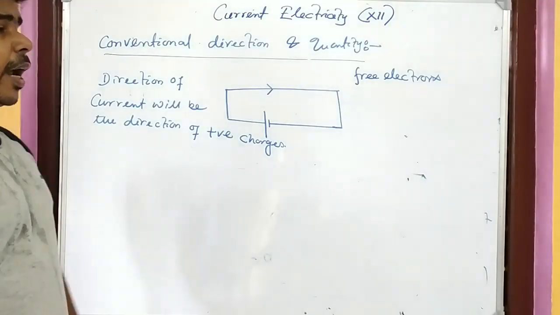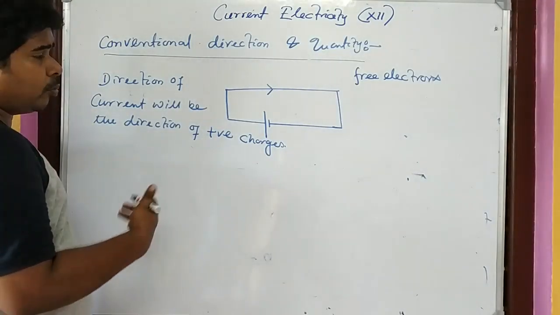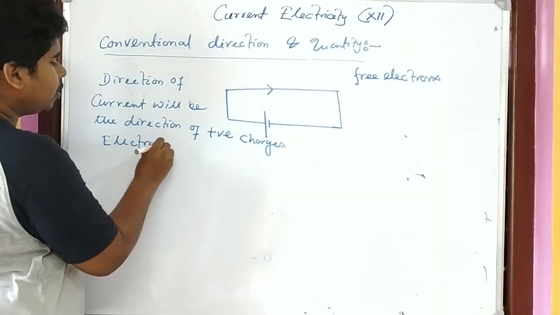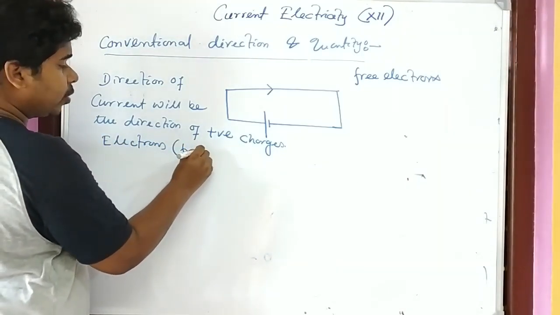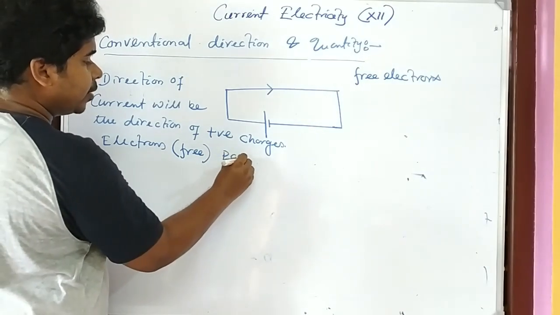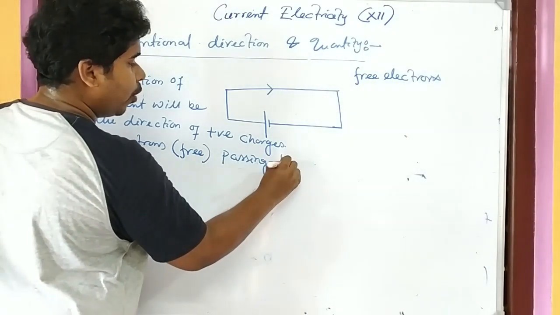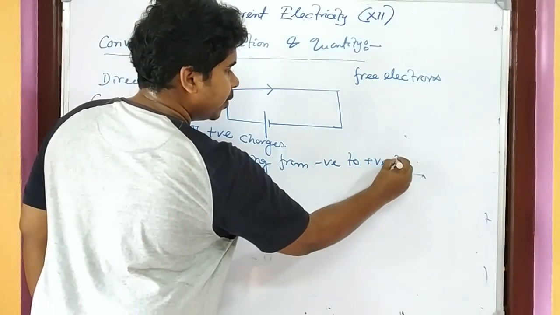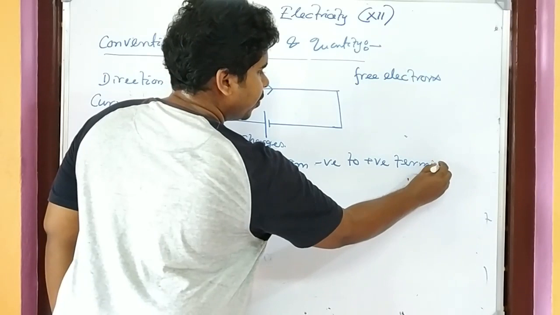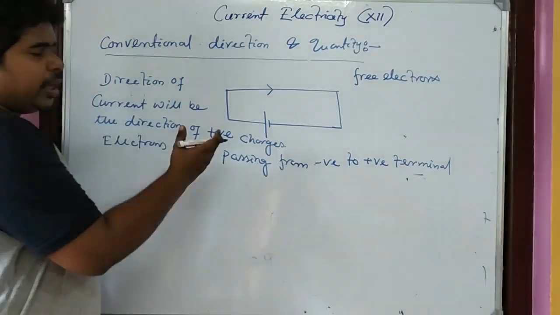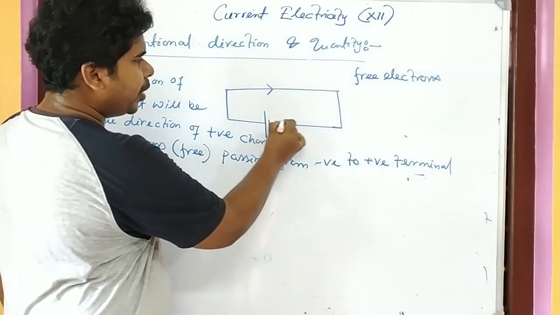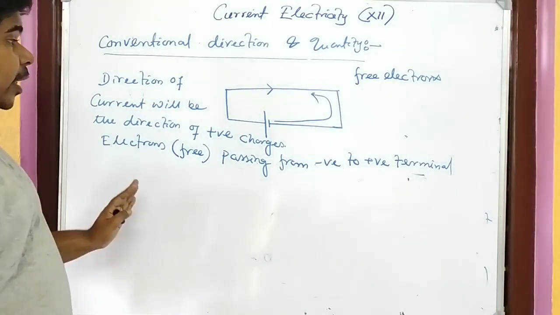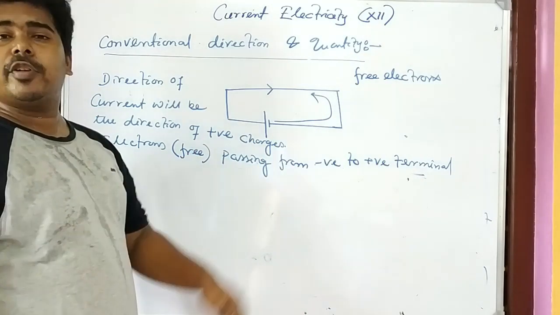So what is the direction of motion of electrons? The free electrons pass from the negative to the positive terminal. So free electrons are moving from negative to positive terminal, and we are taking the current as passing from positive to negative terminal.